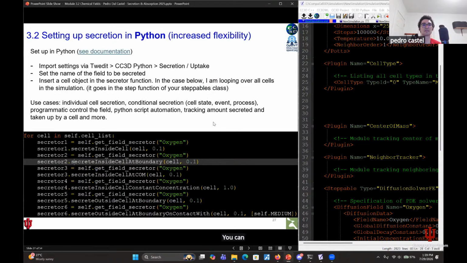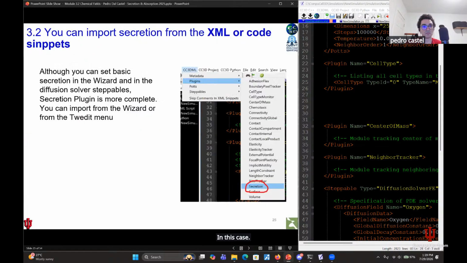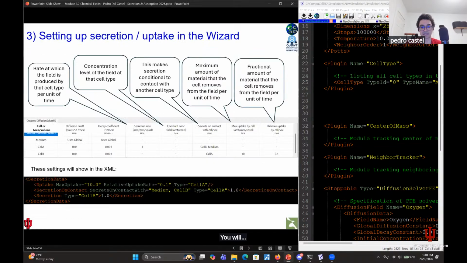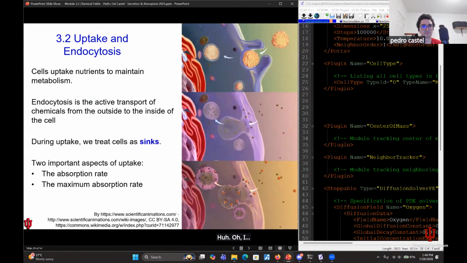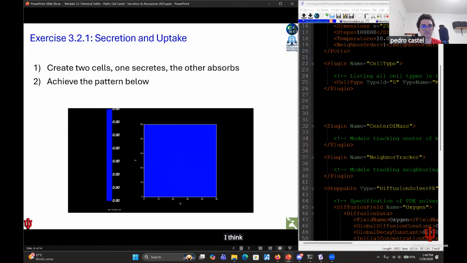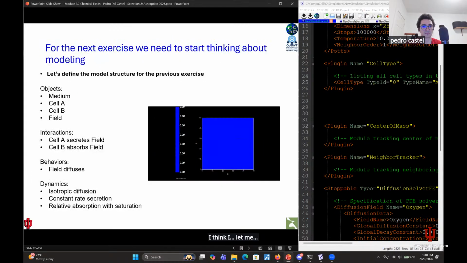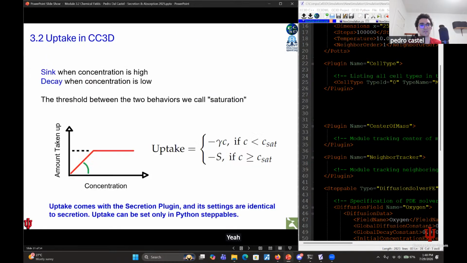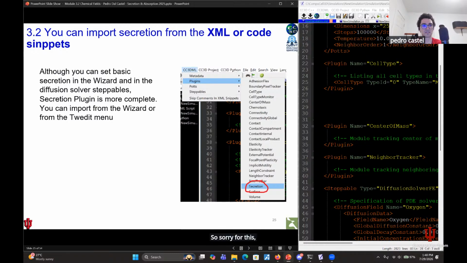You can also set up secretion via Python. In this case, you will hit... Oh, I think let me. Yeah. So sorry for this. There is a missing slide.